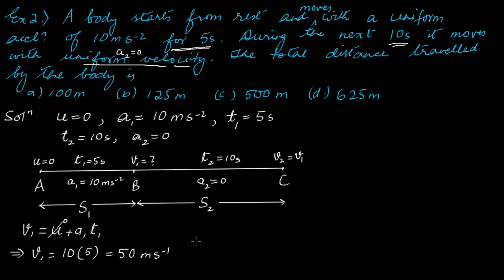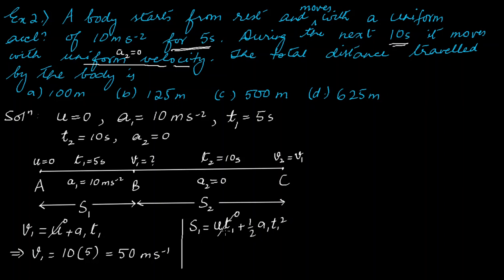Now let us find s1. How do we find s1? Using the formula s is equal to ut plus half at square. So this will be ut1 plus half a1 t1 square.